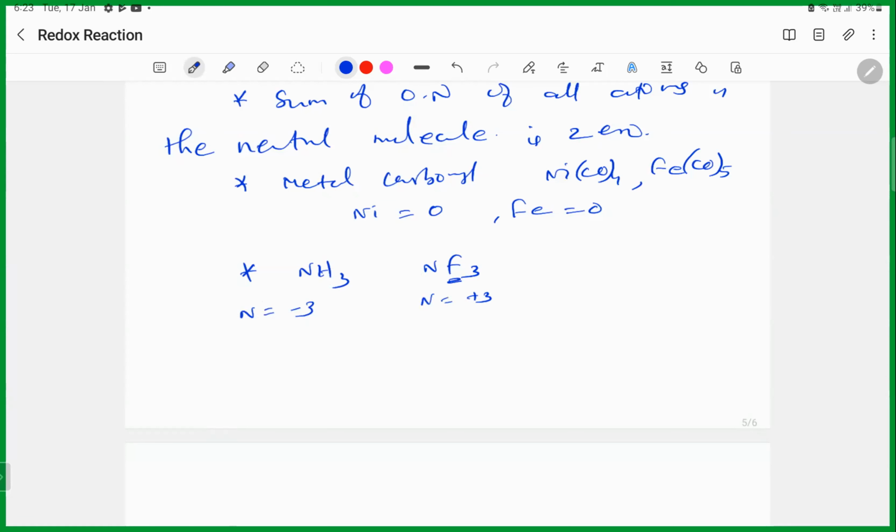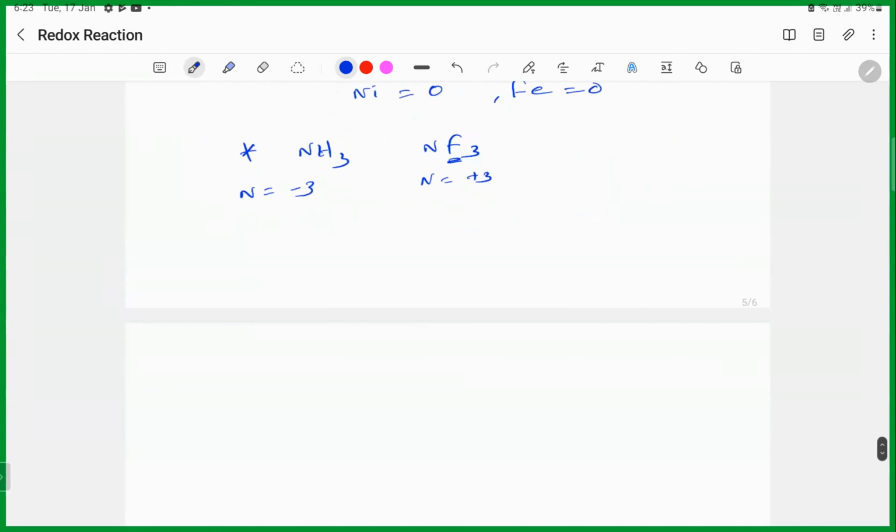Sometimes the same element shows different oxidation states. For example, sodium thiosulfate, Na2S2O3. The two sulfur atoms have different oxidation states. How?